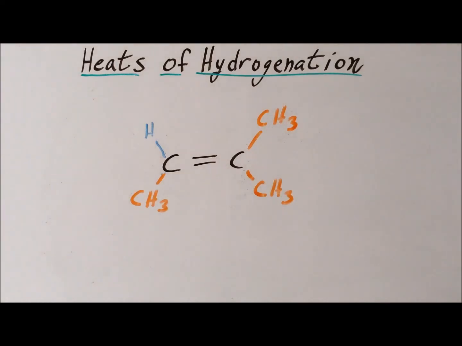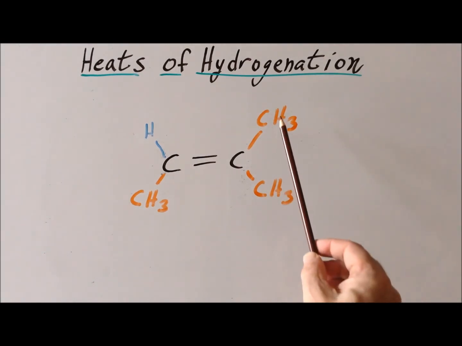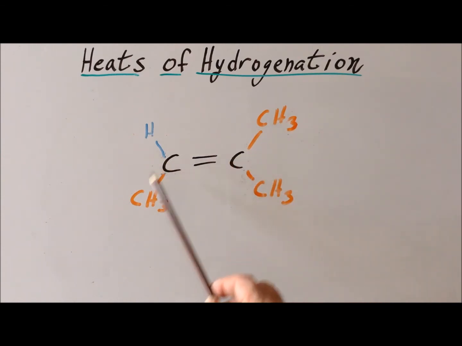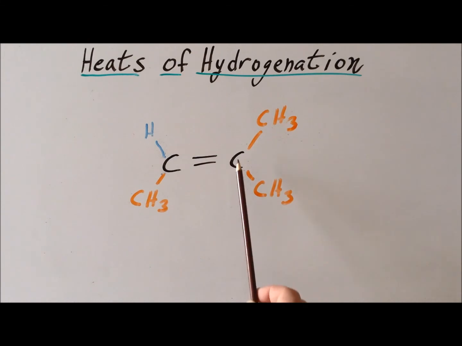Here, last but not least, we have 2-methyl-2-butene. We number the system from 1, 2, 3, 4. So here is the 2-methyl substituent, and the carbon-carbon double bond begins at the second carbon, which makes it 2-butene.